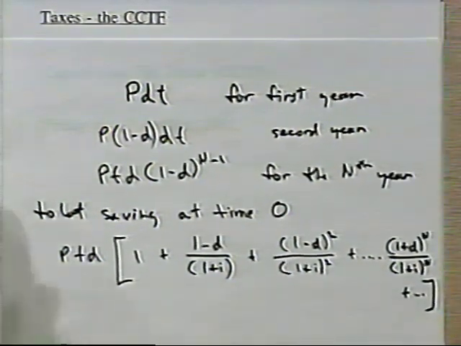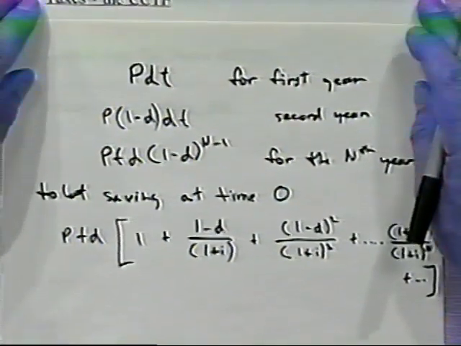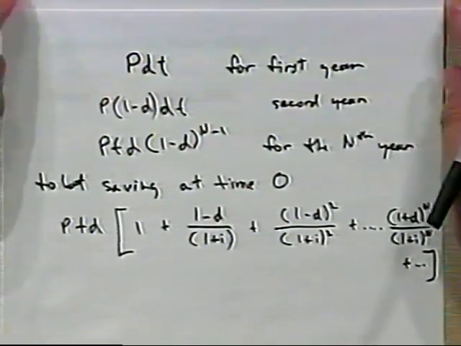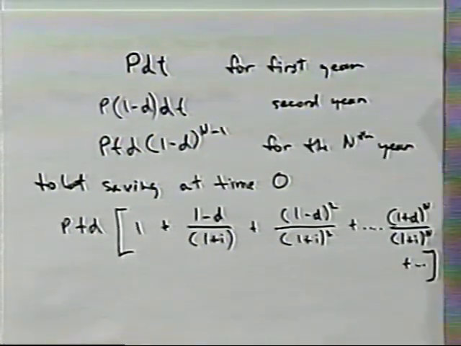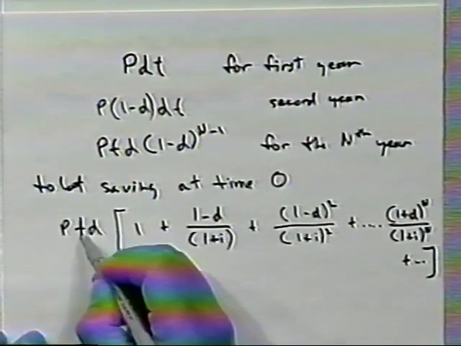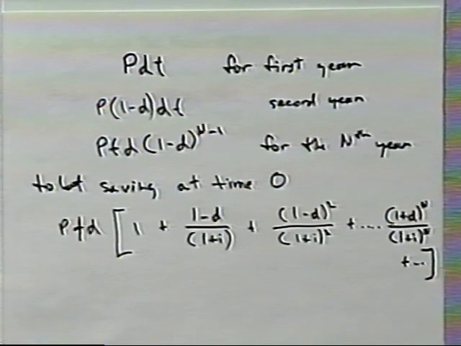Because of course, as you recall, with declining balance depreciation, the asset is never reduced in value to 0.